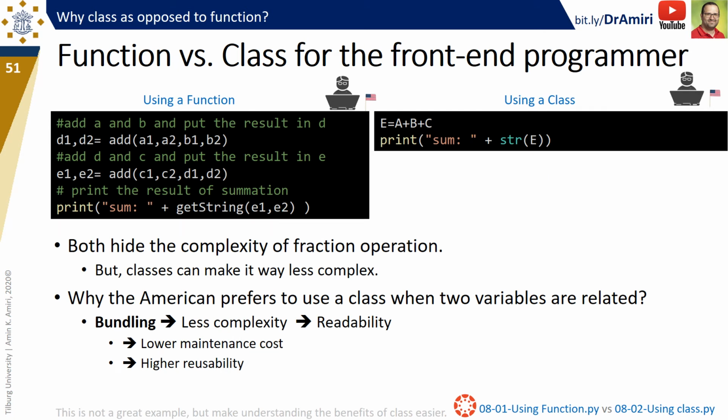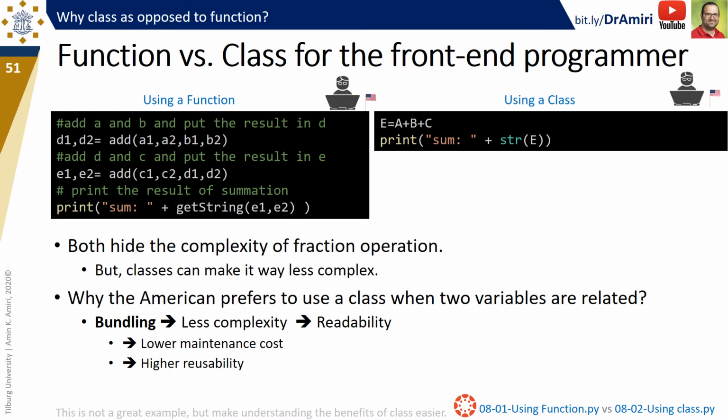When you compare the two codes that were written by the front-end programmer using function and using the class, you can easily see that both codes hide the complexity of the fraction operation, but the class makes a way better job in hiding that complexity.